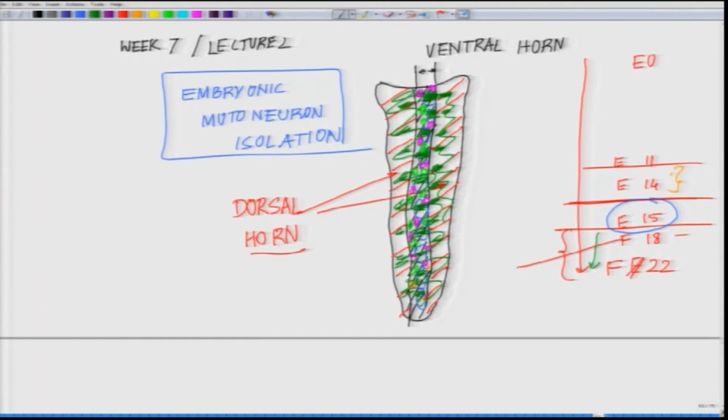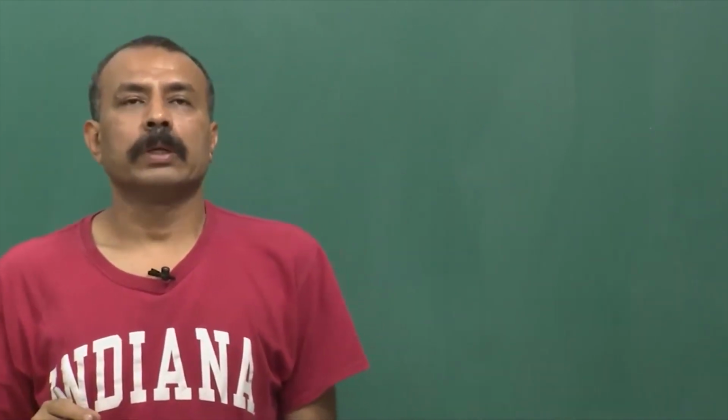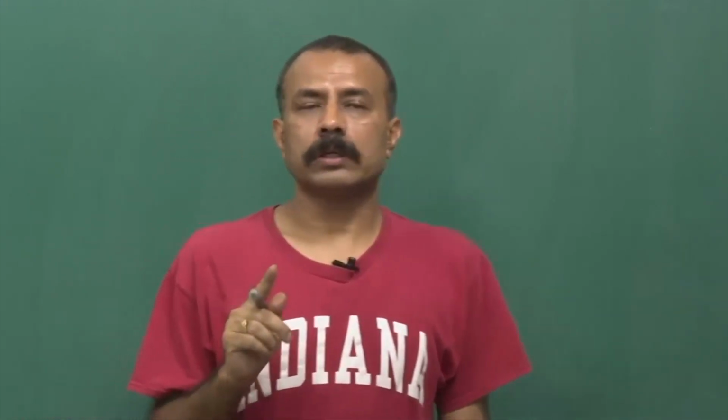Why did I want to highlight this point? This deserves a different highlight because unless you exactly know the developmental paradigm of a particular tissue type, mark my word, you should not jump onto cell sorting.